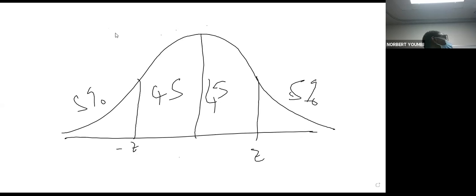Which calculator do you have, TI-83? Just go to second function, distribution, inverse normal, and you type 0.05. Because it's standard, the calculator knows that the mean is 0 and the standard deviation is 1.